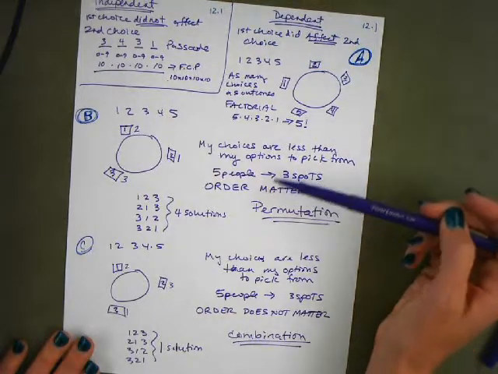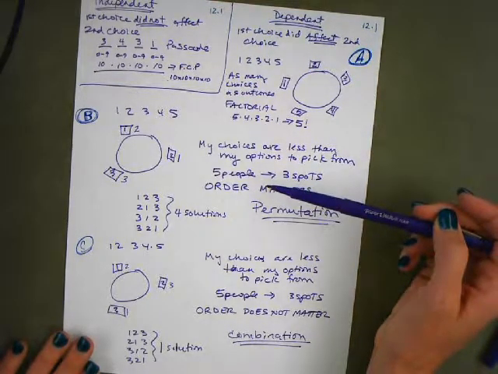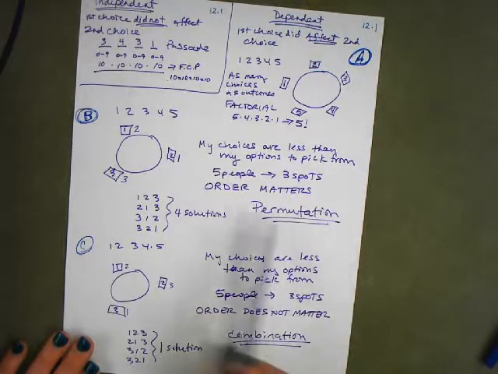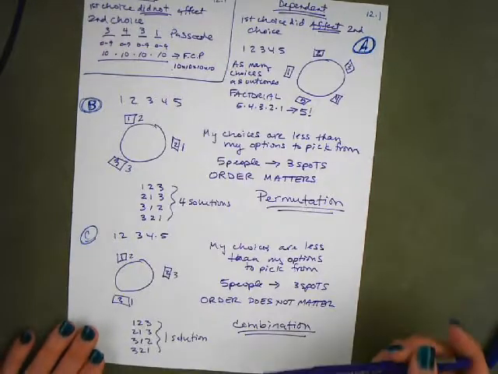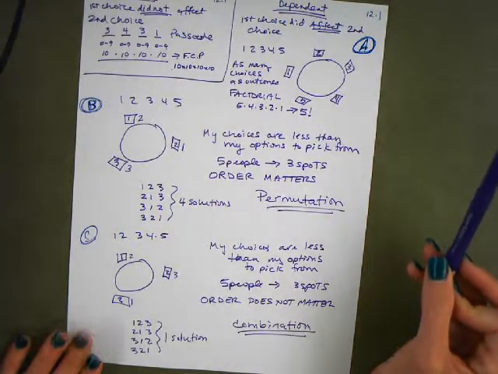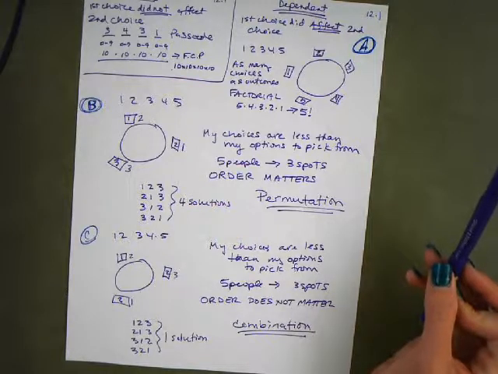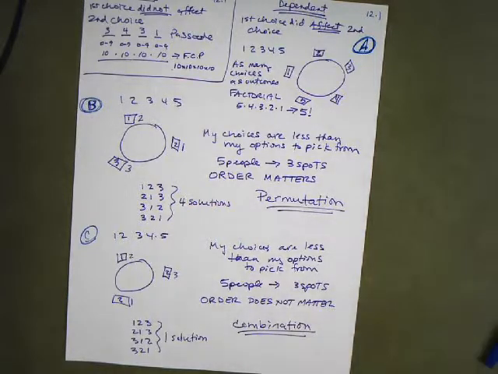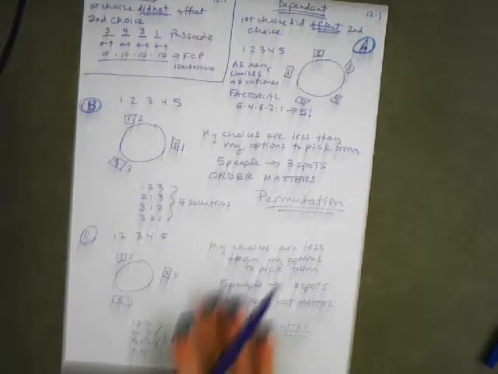You have it where not as many choices are being used, but order does matter, and you have it where not all is being used and order does not matter. Those are the 3 things we need to identify when reading these problems. Okay? All right. So, with that said, we're going to move on.